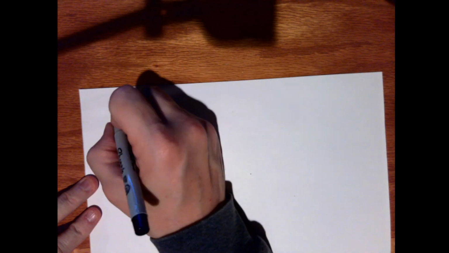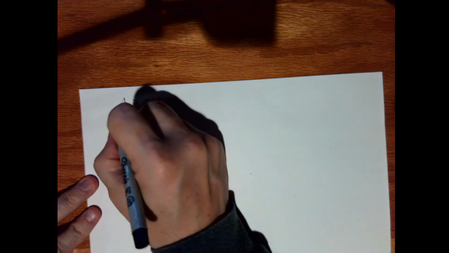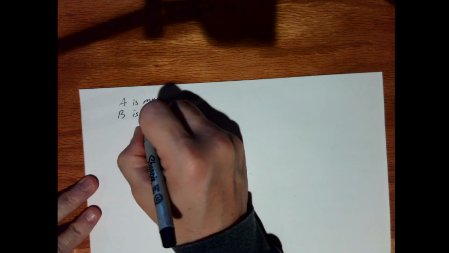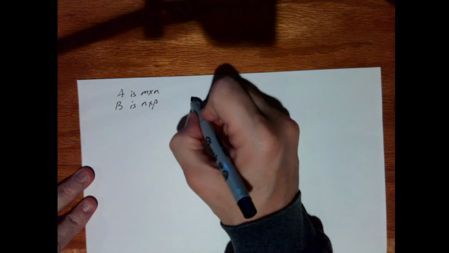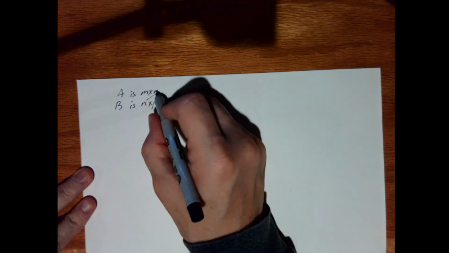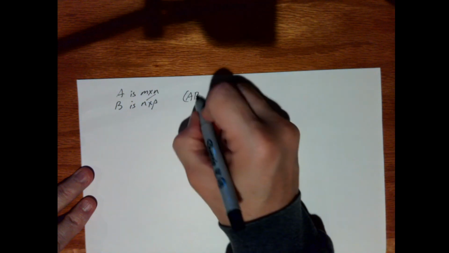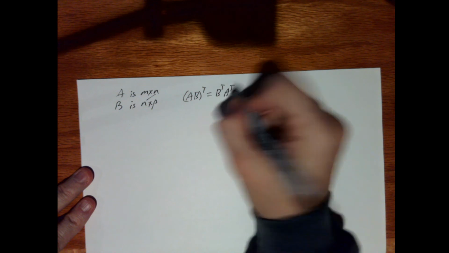So let's go back to something we saw for transposes. I told you when we were talking about transposes that if A is an M by N matrix and B is an N by P matrix, that means I can produce AB, because we have N columns here and N rows here. I told you that if you take the transpose of that, it's equivalent to B transpose times A transpose.